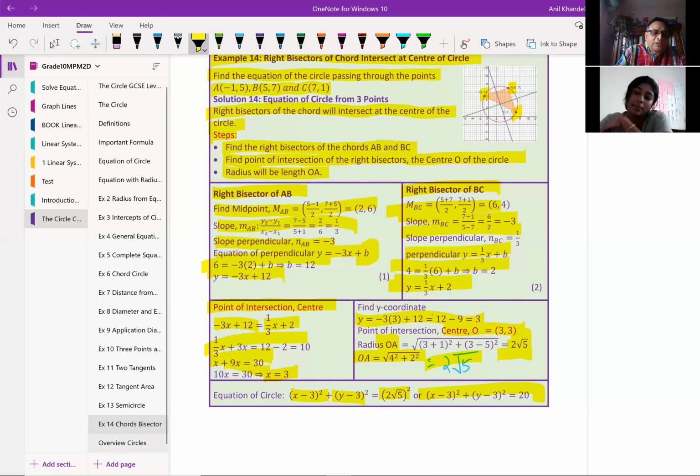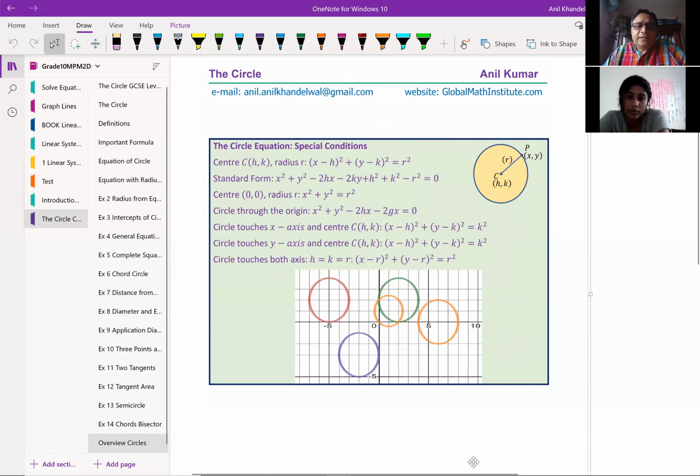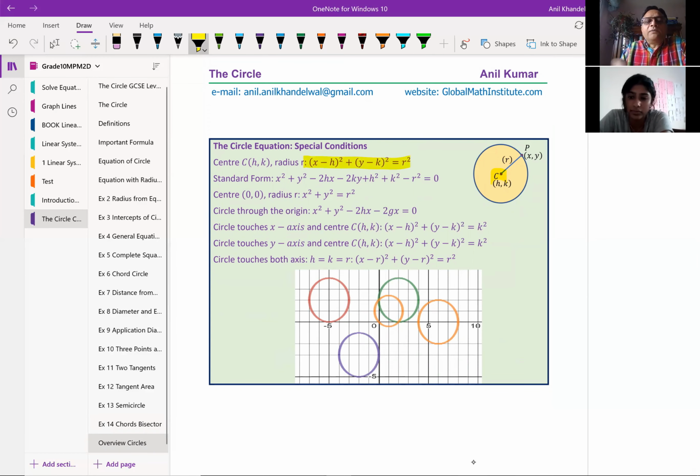Now, what I did was I added one more page. The idea of adding this page is kind of like this. We began with the circle equation. If I have a center (h, k), then this is my simple equation. Of course, I can expand this equation, and then I get 2hx and 2ky, as we shared with you earlier, correct?